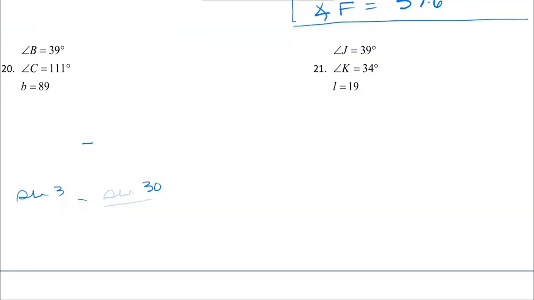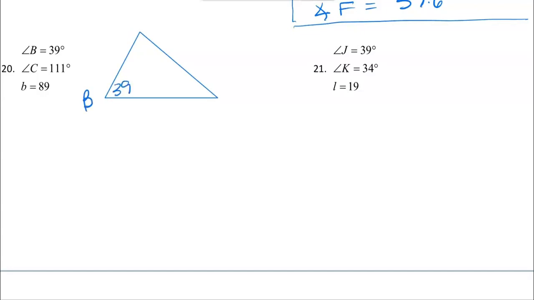Because this is our first law of sines, so I want to make sure I have this set up all correct. Okay, I've got to use what they gave me. So here is my B, which was 39, and across from the 39 is indeed the 89. Then I said, let's make this C, that's 111, and then what remains has to be A. I do my subtraction, I get the missing angle of 30, and that's all they gave me.